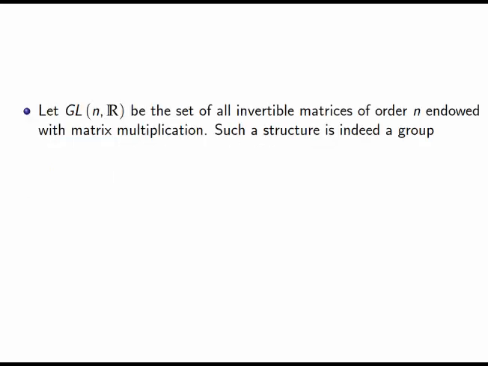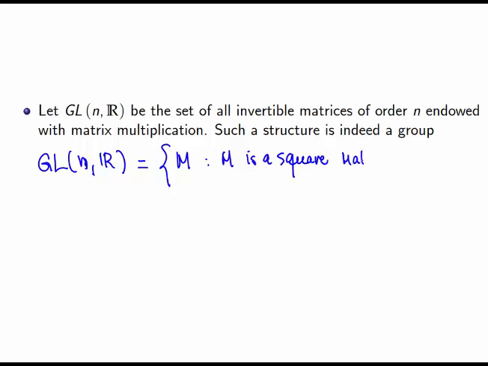Now here's another example. When we write GL_n(R) here, this is the set of all invertible matrices. So it will be the set of all matrices M such that M is a square matrix of order n, and the determinant of M is non-zero.